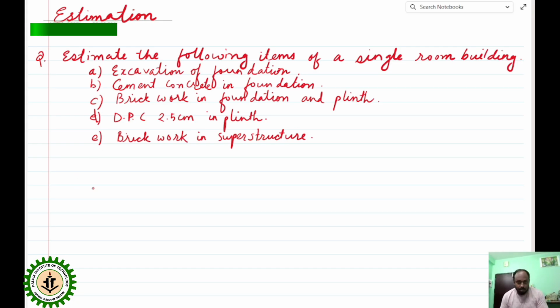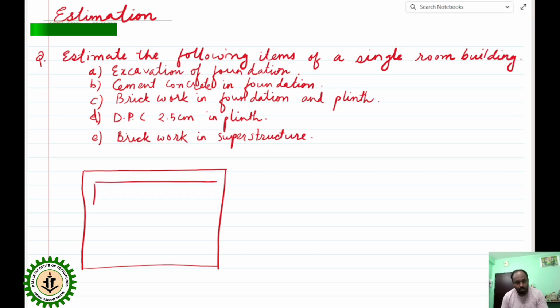So now I'll draw the dimension of that room. So this is our single room. Wall thickness is given 0.30 meter or 30 centimeter.